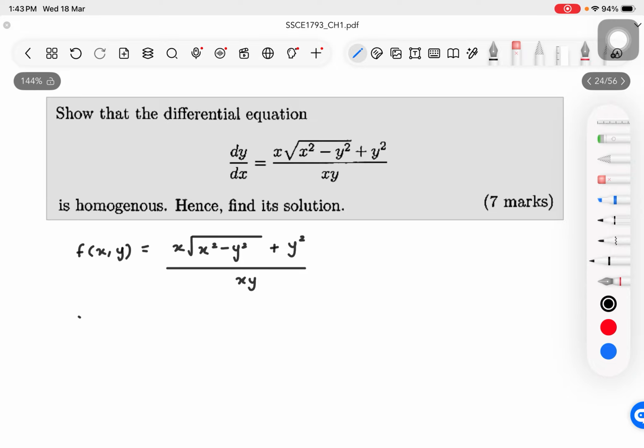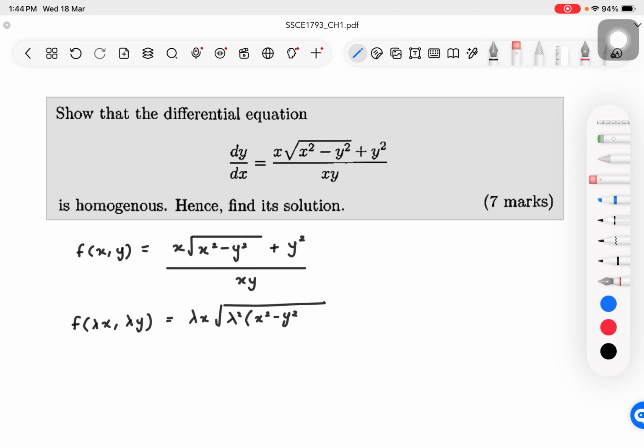Now we want to find f(lambda x, lambda y), so substitute inside here. Plus lambda squared y squared over lambda x lambda y.